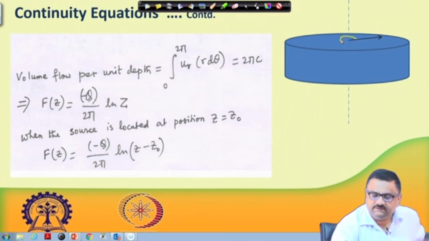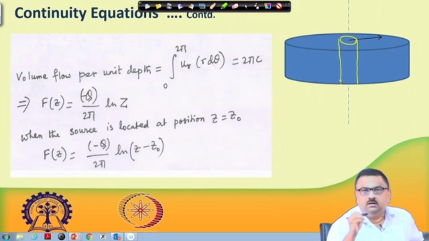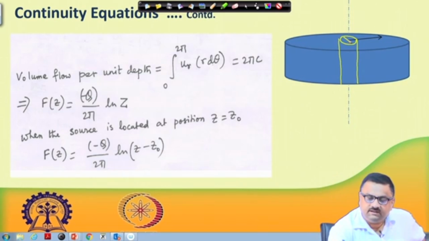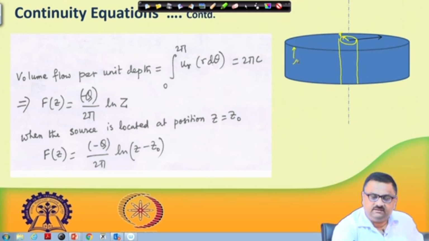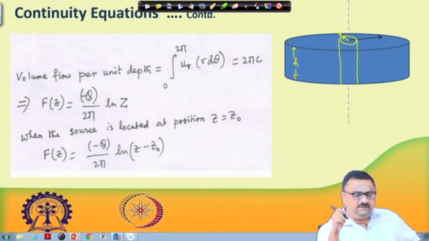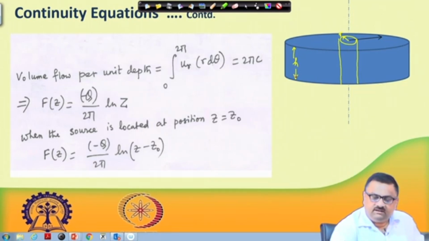Let us say I am looking at a cylindrical area with radius r, and let us say the height is h. We had discussed this earlier, that here we are talking about a slice.